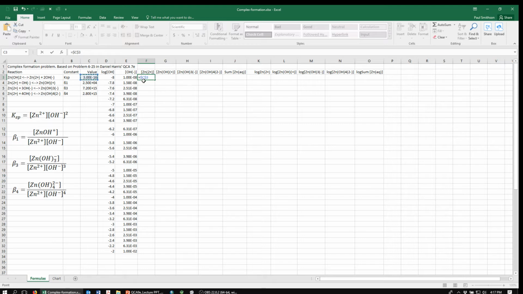So $C means if I copy across, it doesn't move, and the $3 means if I copy down, it doesn't move. If I hit F4 again, now it will move across because the C is now a relative address, and the dollar in front of the 3 says if I copy down it won't move.